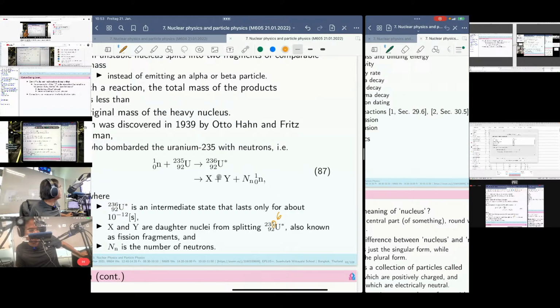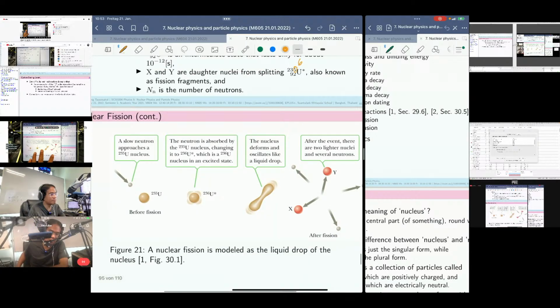Now we arrive at the picture version of that equation. This is the mathematical, or nuclear, expression. We accelerate the neutron, but not to a very high speed. A slow neutron approaches the uranium-235. This is the nucleus of uranium-235, which is an isotope of uranium.